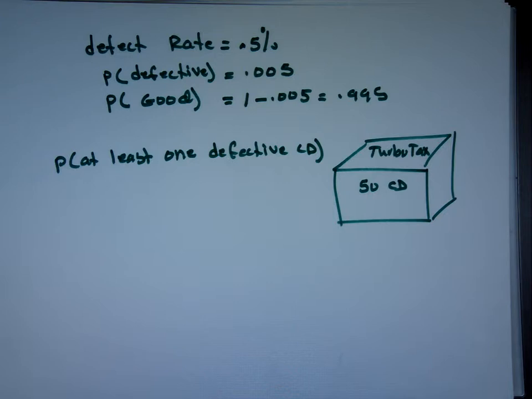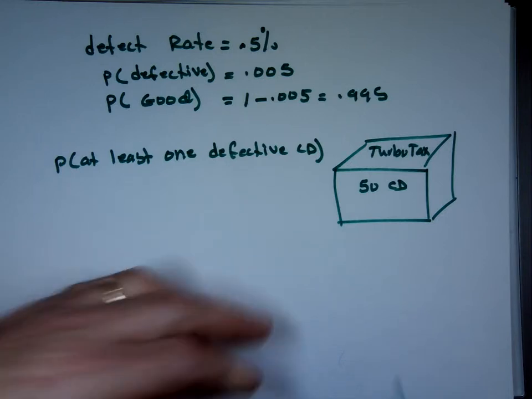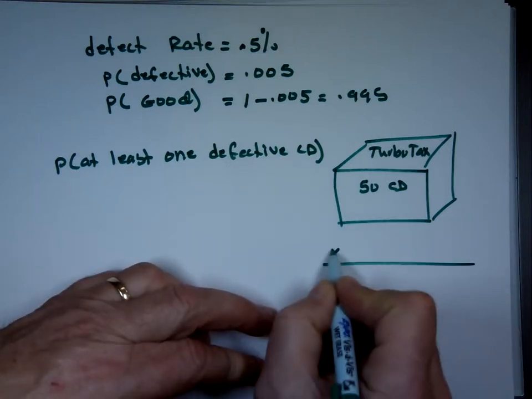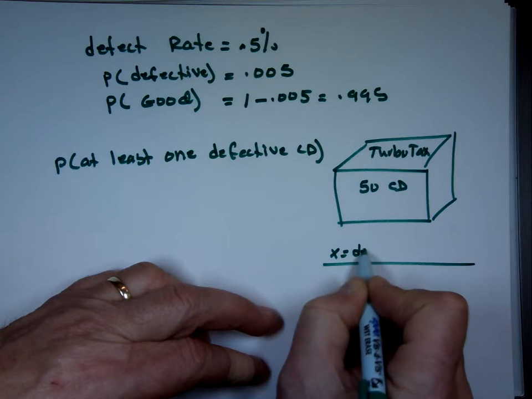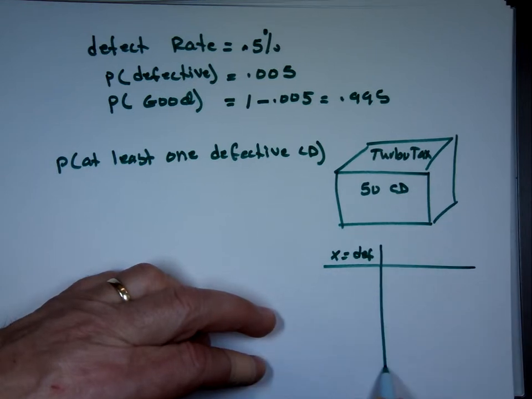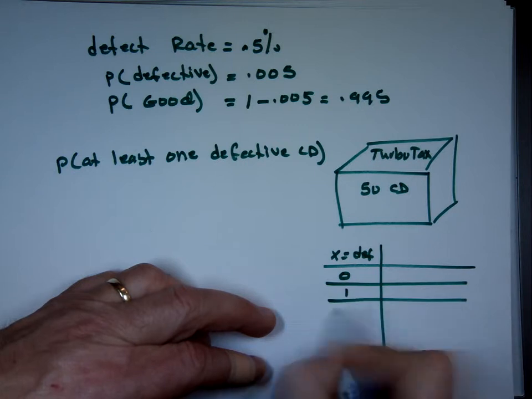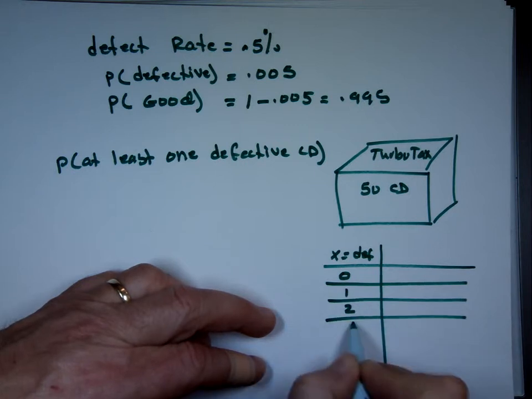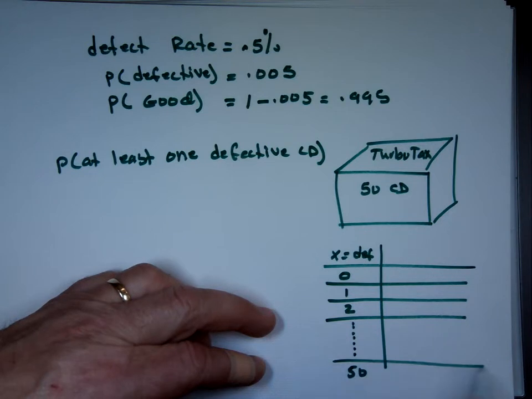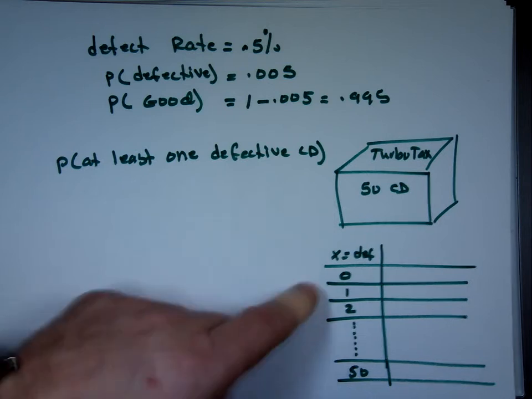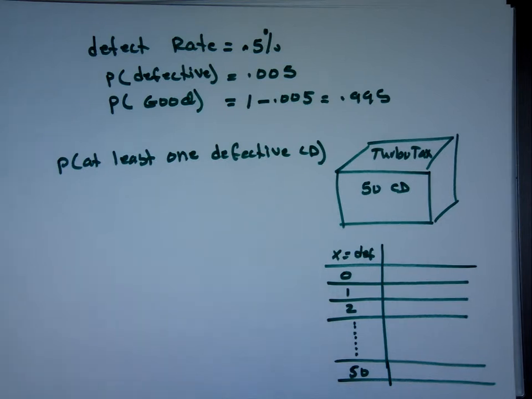Again, if you try to make a table of outcomes for 50 CDs, X is the number of defects. You could have 0 defects, could be 1 CD, could be 2, all the way to how many? All 50 of them. If somehow you get a box when the machine started acting funny, it is possible to have all 50 CDs defective.